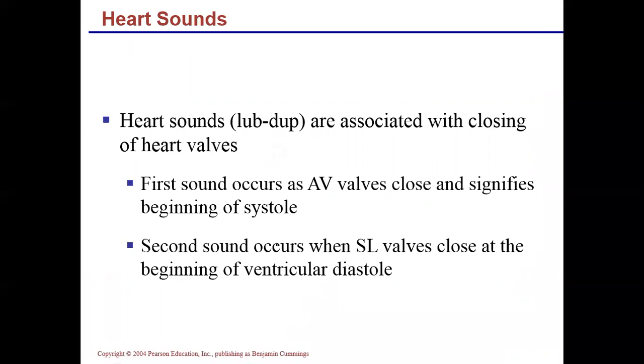So the first sound is actually telling us when the AV valves are closing. This signifies the beginning of the systole. That means the heart is contracting. The second sound, the dub sound, is actually whenever the SL valves are closing. So this is telling us the beginning of the ventricular diastole.